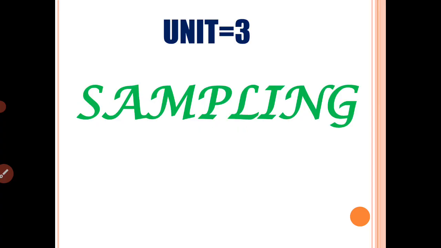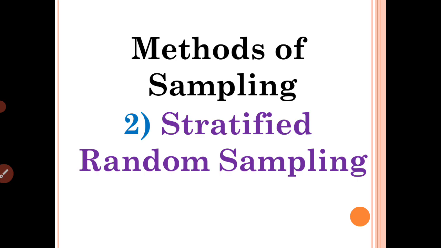Unit number 3, Sampling. Methods of sampling. There are 3 main methods of sampling: simple random sampling, stratified random sampling and systematic random sampling. We are discussing our second method, stratified random sampling. In stratified random sampling there are 2 different methods, method number 3 and method number 4.